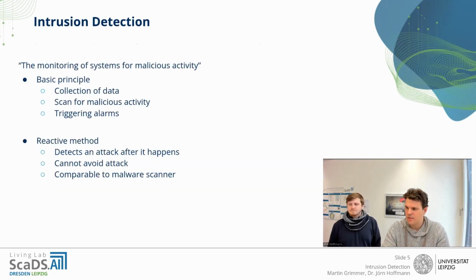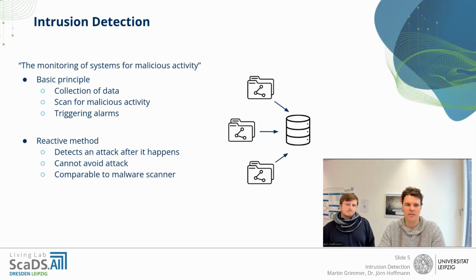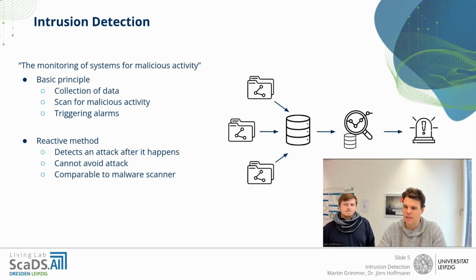Okay, what is intrusion detection? Intrusion detection is the monitoring of a system, or network system, or host system in our case, for malicious activity, so activity which is hidden from the user. The basic principle is for an intrusion detection system to collect some kind of data, then scan this data for malicious activity, and if there is an attack, trigger an alarm or alarms.